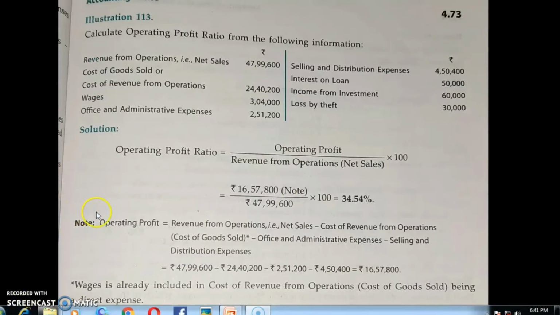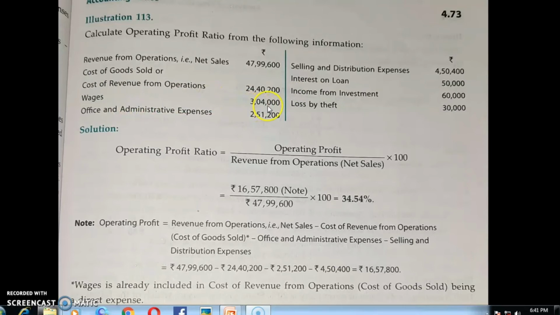Let us do one more problem. Calculate operating profit ratio from the following information. Revenue from operation, that is net sale, given to you is 47,99,600. Cost of goods sold, which is also known as cost of revenue from operation, is 24,40,200.